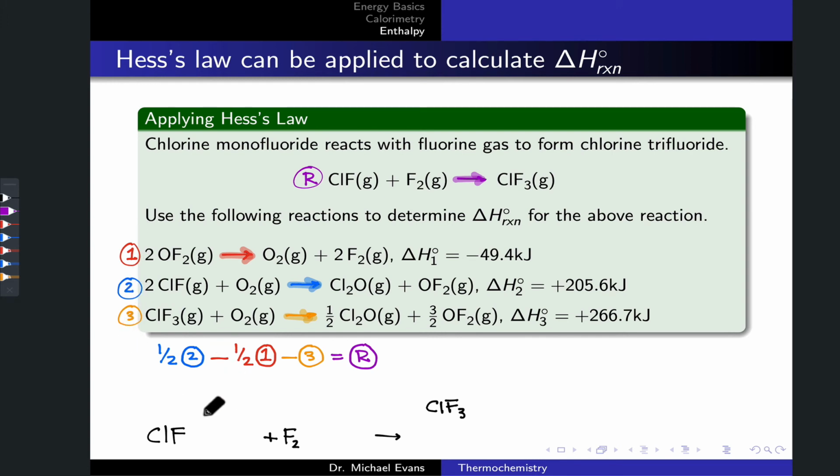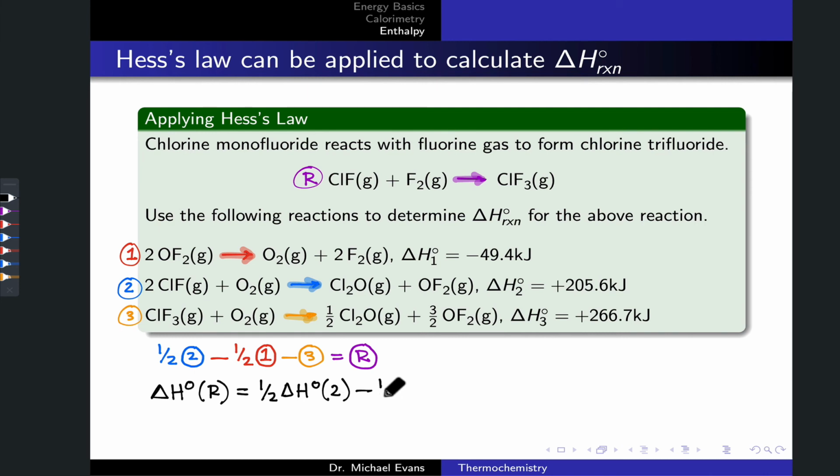To actually solve the problem, all we need to do now is do the same thing to the enthalpies. Our understanding of how the target reaction breaks down into the known reactions gives us the instructions, essentially, for calculating the enthalpy change. So delta H for R is going to be equal to 1/2 the enthalpy of reaction for 2 minus 1/2 the enthalpy of reaction for 1 minus the enthalpy of reaction for reaction 3.